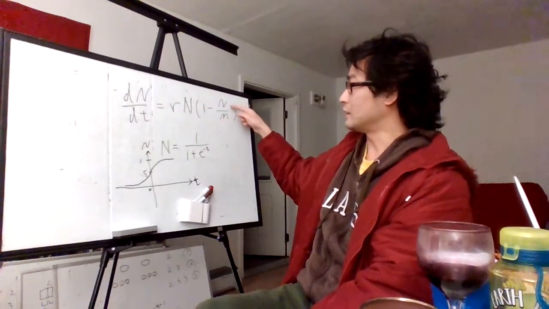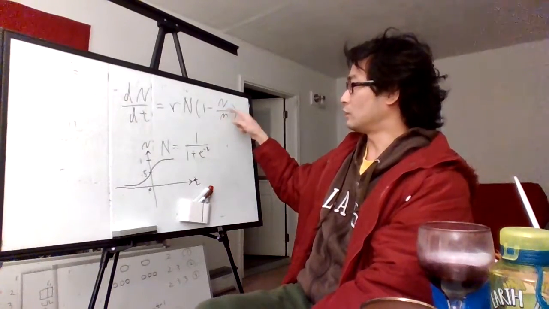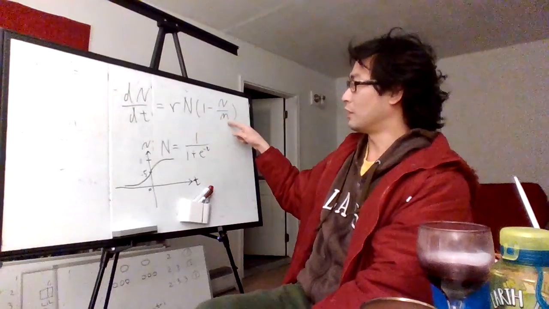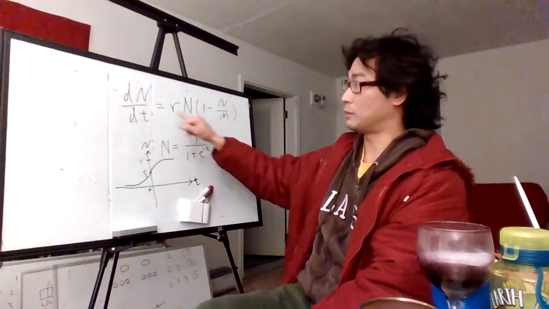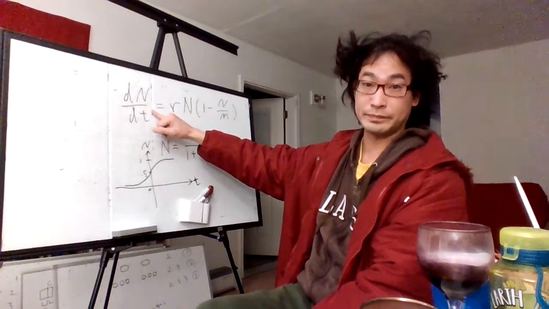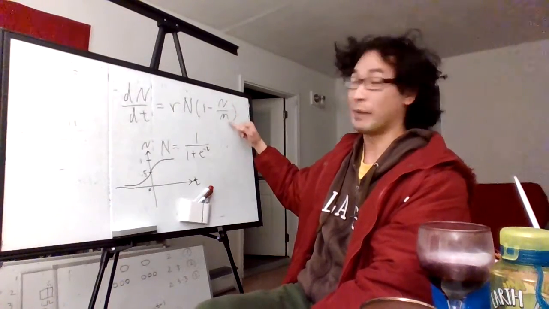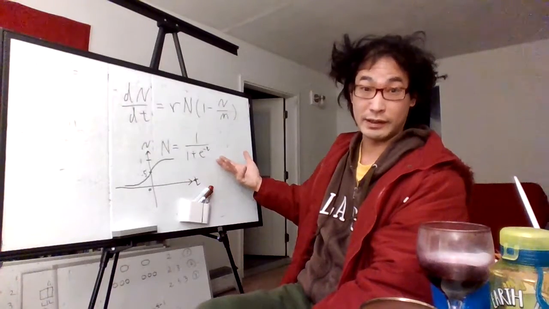But when n is smaller than m, n over m is a fraction less than 1, so 1 minus a number less than 1 is a positive number. So there's population growth, because the population is less than the maximum population the environment can sustain.